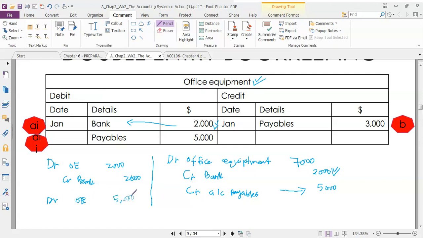Yang ini saya pecahkan. Kalau yang ni saya combinekan semua sekali. Kalau yang double entry yang saya tengah buat ni saya pecahkan supaya you boleh faham, tengok dia punya double entry and then letak dekat T account. So credit account payable.